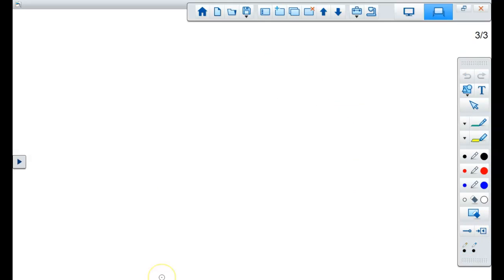So this is what we're going to be working on today, combining like terms. All right, so let's go through some examples here. In these examples, we are going to simplify by combining the like terms.